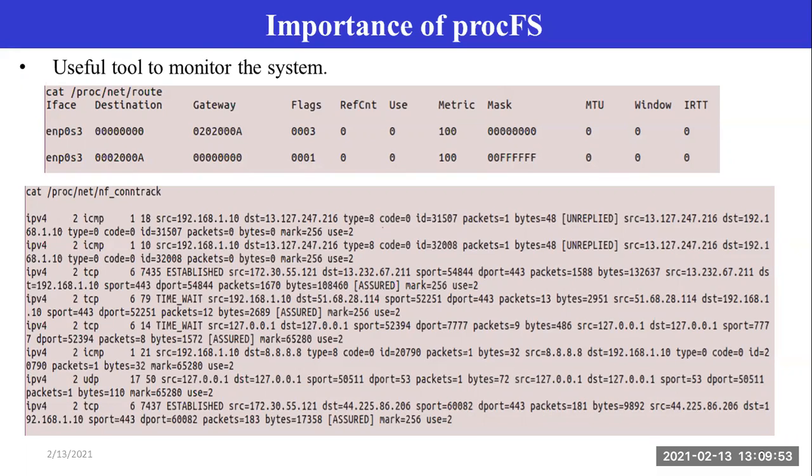But on this entry, the source and destination IP addresses are switched. Why is that? Whenever you are connecting to the server, a TCP session gets established, and that entry gets created and added here, in this nf_conntrack connection tracking file.